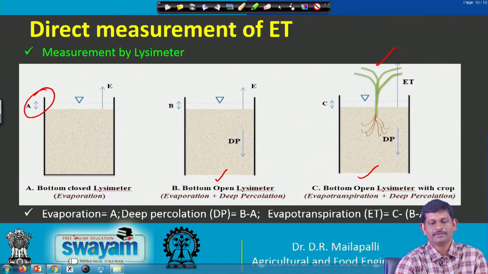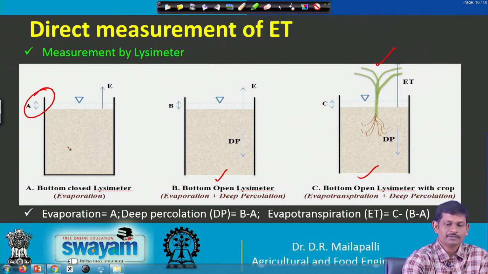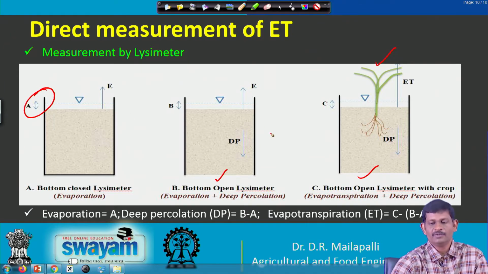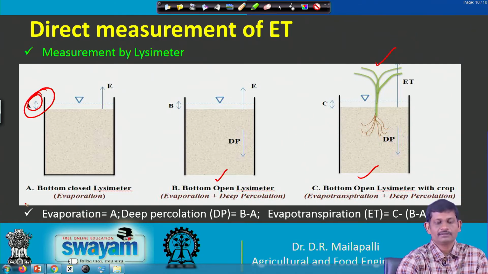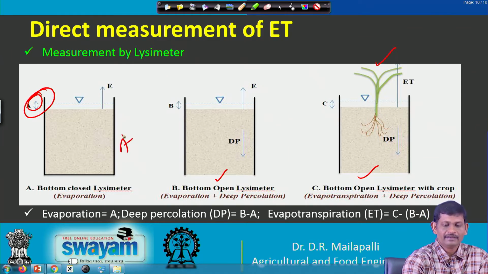This idea is for a rice crop, so ponding water will be measured daily. For example, A is the ponding water. The difference in ponding water levels between day 1 and day 2 in case A will give the evaporation, because there is no other loss except evaporation here.